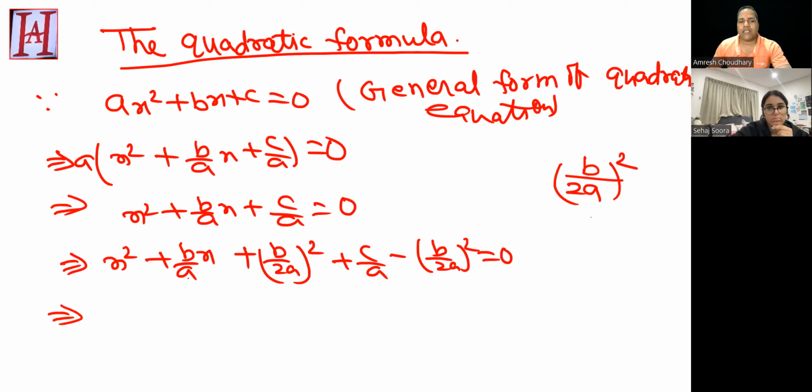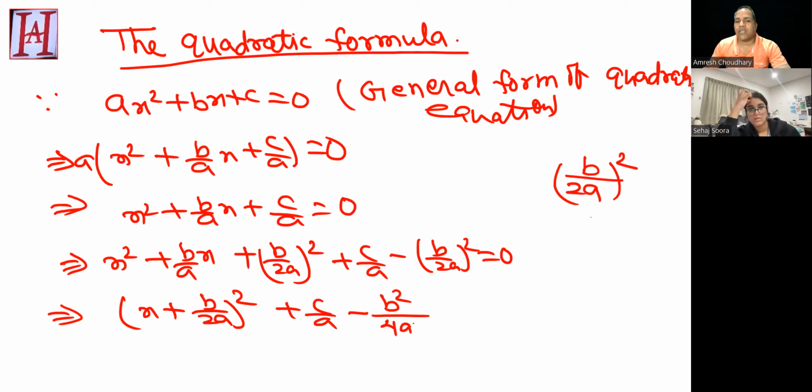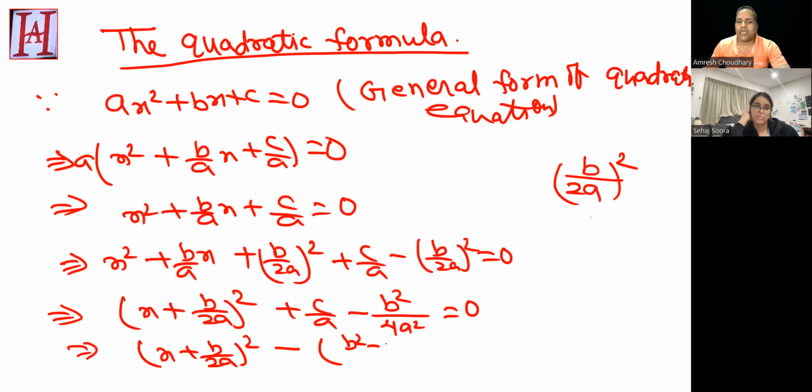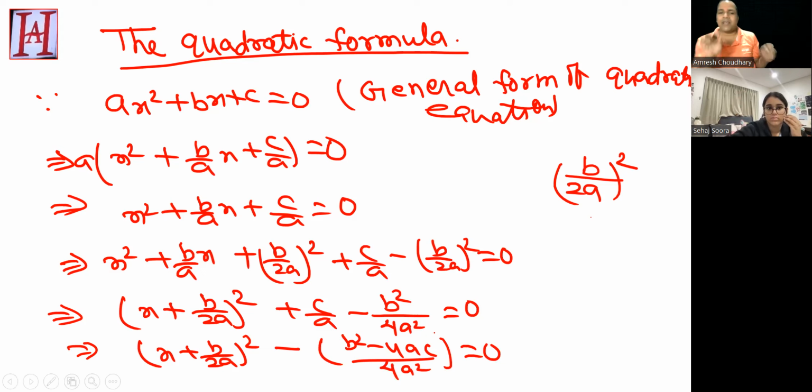Apply the formula a square plus 2ab plus b square. So x plus b over 2a whole square, and do here c upon a minus b square upon 4a square. Clear? So x plus b over 2a whole square minus b square minus 4ac upon 4a square after the LCM.